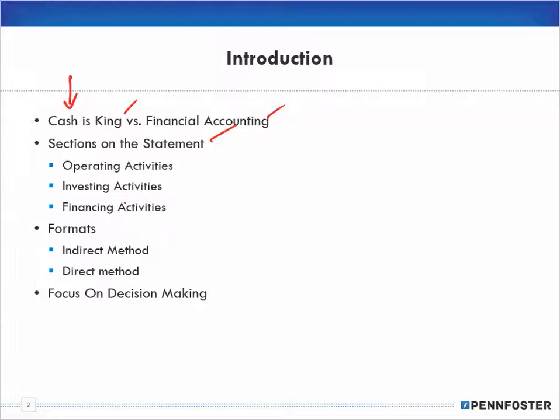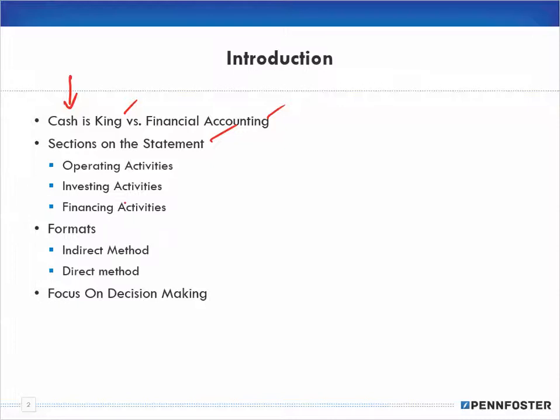Like I said in the last video, that's like 95% of the adjustments you'll make in order to create the statement of cash flows. If you understand the thought process behind making the adjustments, whenever you see something that you've never seen before, you can go through the thought process of how to arrive at cash and use it for the new situation. So again, it's about understanding and application.